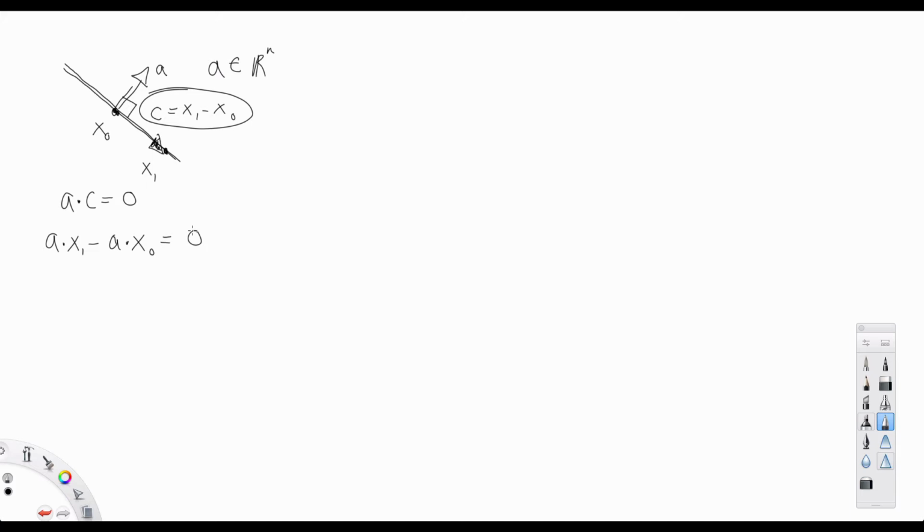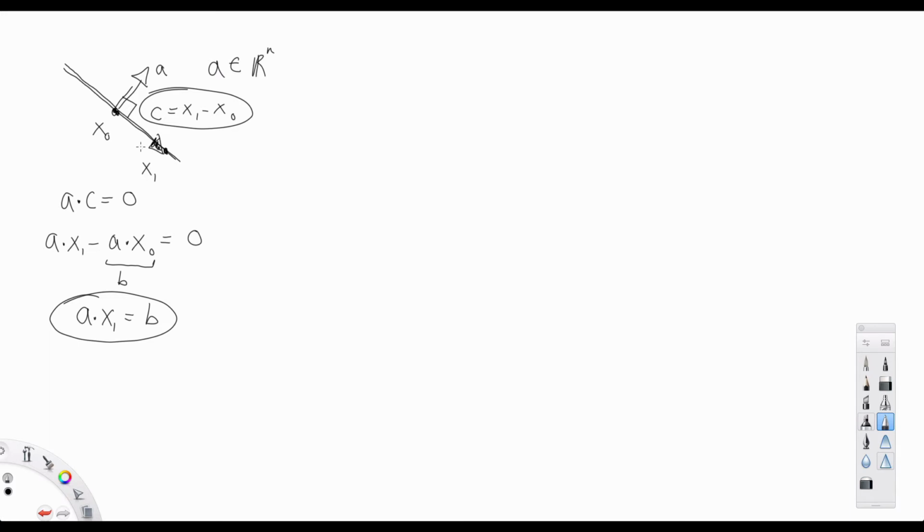Let's suppose that x0 is a point that is fixed. It doesn't change. This is part of the definition of our hyperplane. So that second term is going to be a constant. Let's say that is equal to b, and then we can rewrite this as A dot x1 is equal to b. For any point that is on this hyperplane, we can use this relationship to express that point.